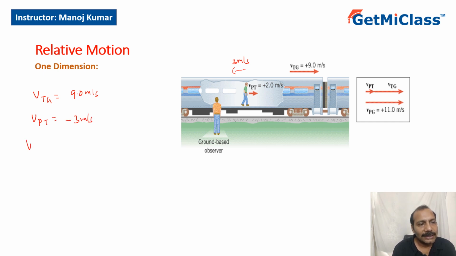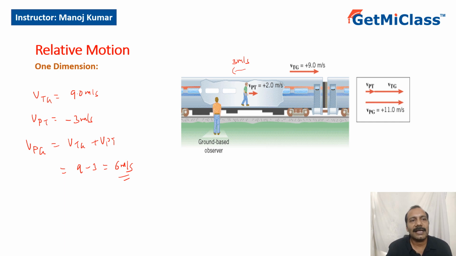Then the velocity of the person in the train with respect to a person on the ground is the velocity of train with respect to ground plus the velocity of person with respect to train. So that gives 9 minus 3, which is equal to 6 meters per second. In fact, if the person starts running backwards at 9 meters per second, for a person on the ground he will appear to be at rest.